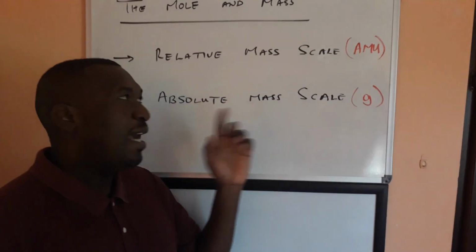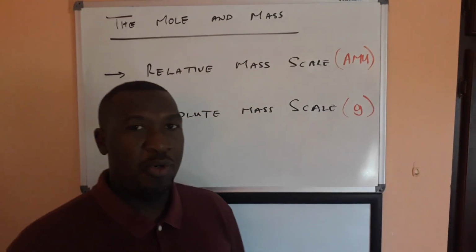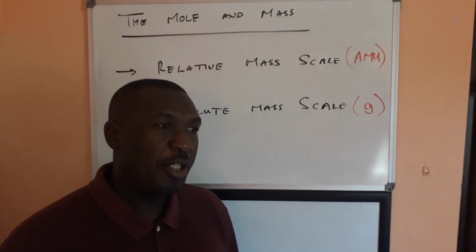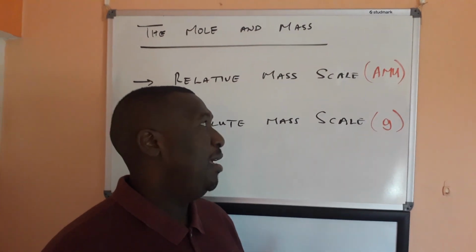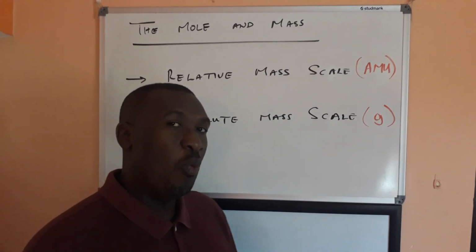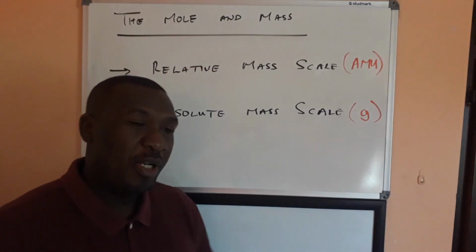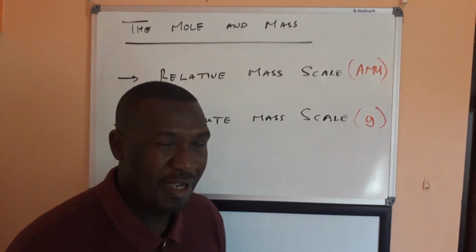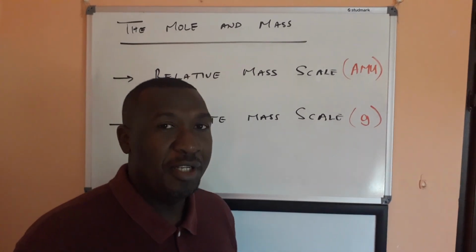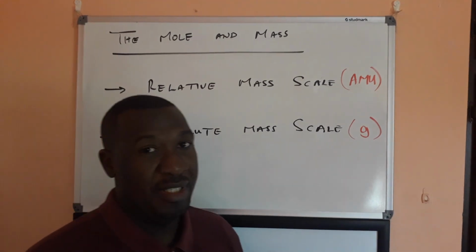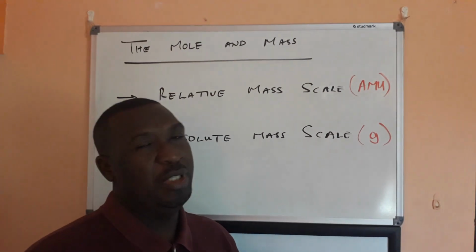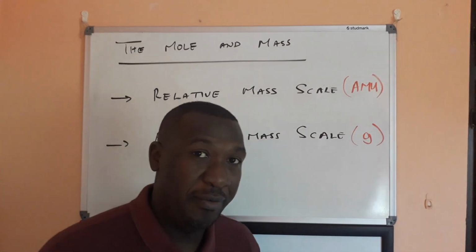The standard for the relative mass scale used in the beginning was hydrogen, the smallest atom, given a mass of 1 AMU. Because carbon is 12 times as heavy as hydrogen, its mass was taken as 12, and magnesium, 24 times as heavy as hydrogen, was given a mass of 24.